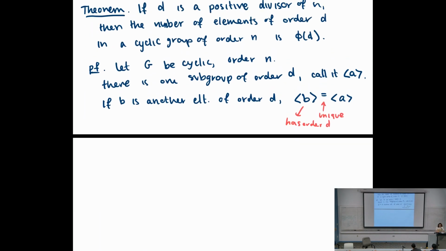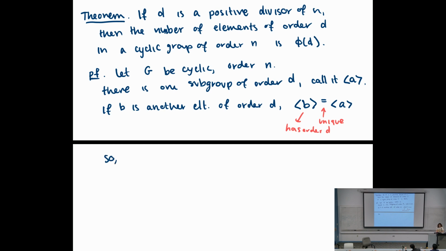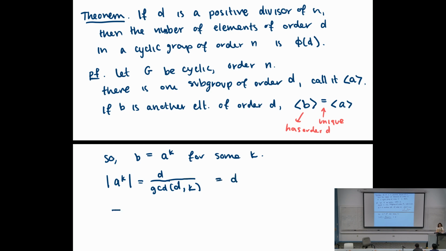So that means that B is equal to A to the K for some K. And then we know by the theorem that we had last time that the order of A to the K is equal to D divided by the GCD of D and K. But this is again supposed to equal D, so that implies that this GCD of D and K has to be equal to 1.